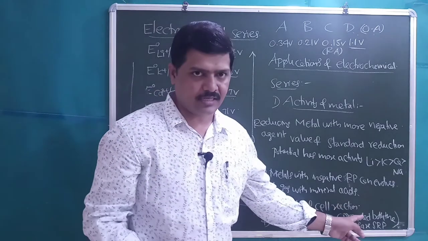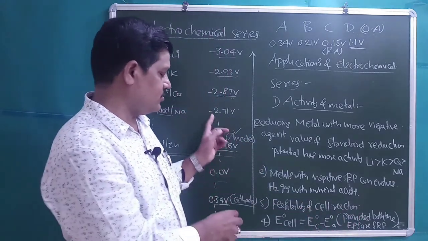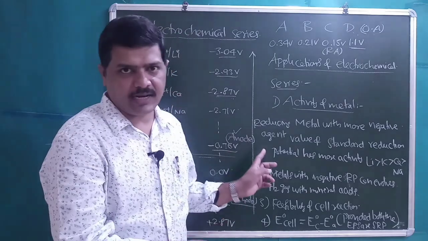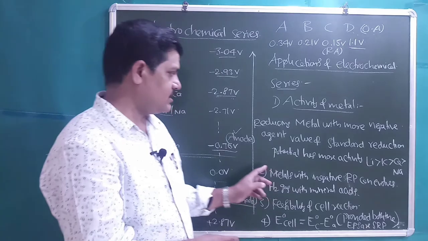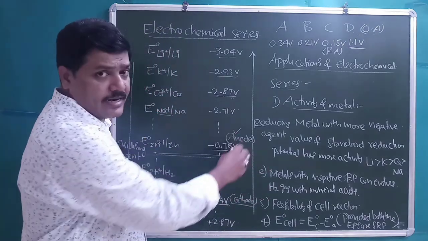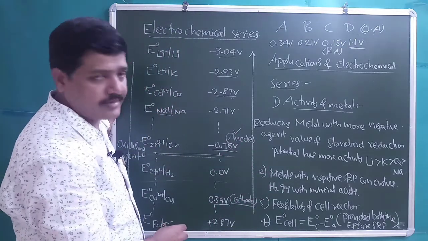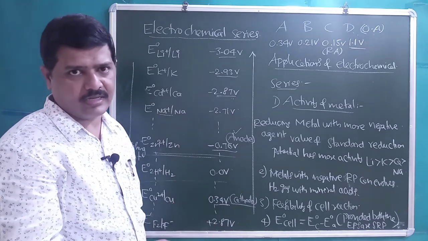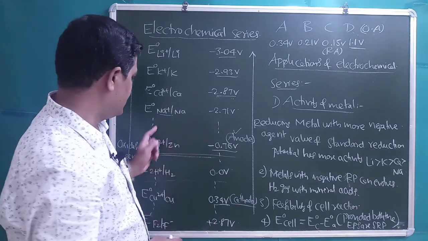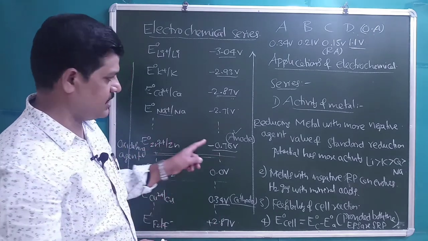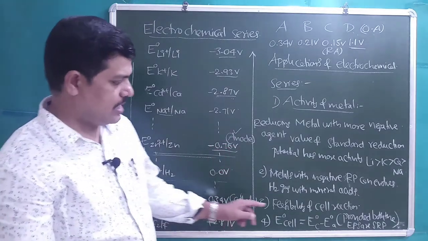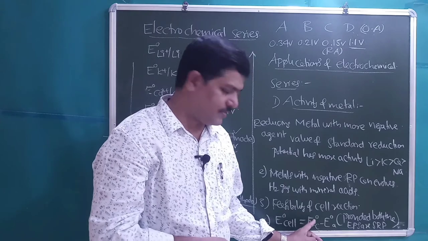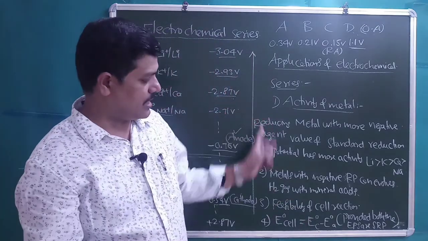Feasibility of cell reaction. When we are coupling two metal electrodes, the metal electrode which has less reduction potential should undergo oxidation, the other should undergo reduction. Like zinc coupled with copper: zinc will act like an anode and copper will act like a cathode. And we can calculate the EMF of the cell from the electrochemical series.